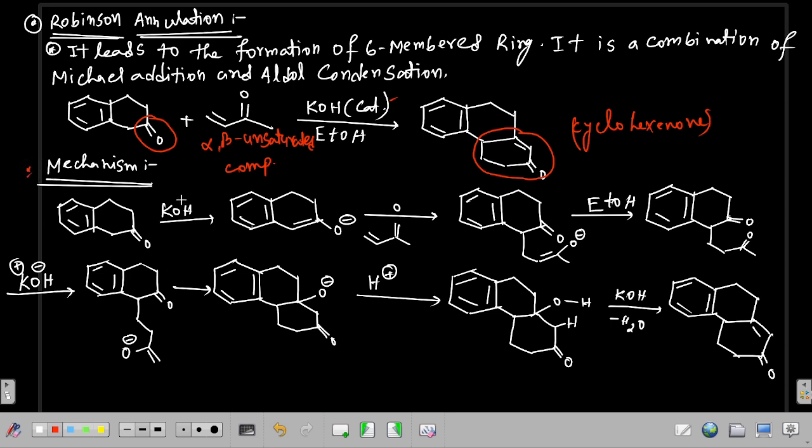First, this potassium hydroxide will abstract this proton, because this proton is much more acidic than this proton. After abstraction of this proton, it will form a negative charge here, so it will be stabilized by this aromatic system.